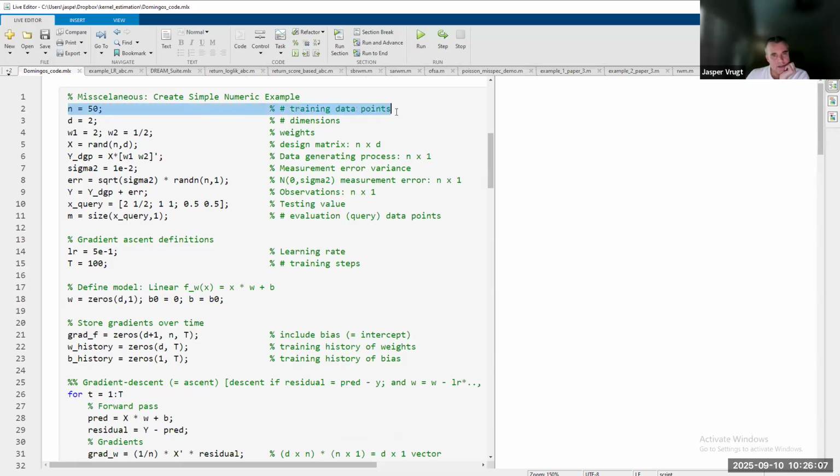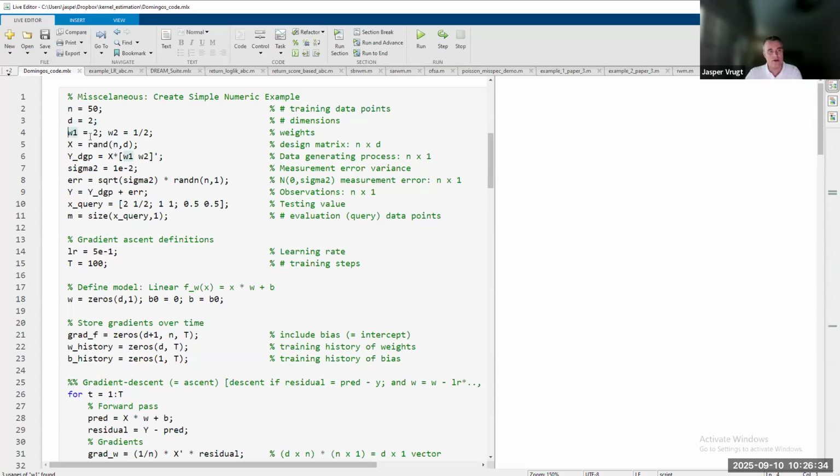50 training data points. I should have called this M instead of N, because in the paper it's called M, but I'm always used to using N for sample size. Anyway, we have 50 training data points. Then I only have 2 dimensions. I keep it easy. I first want to understand, how does this work if my network only has 2 weights?